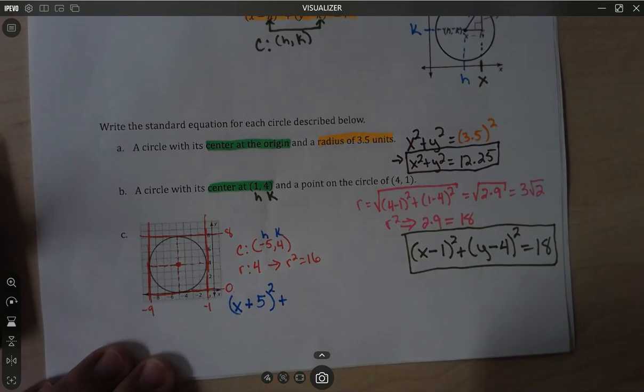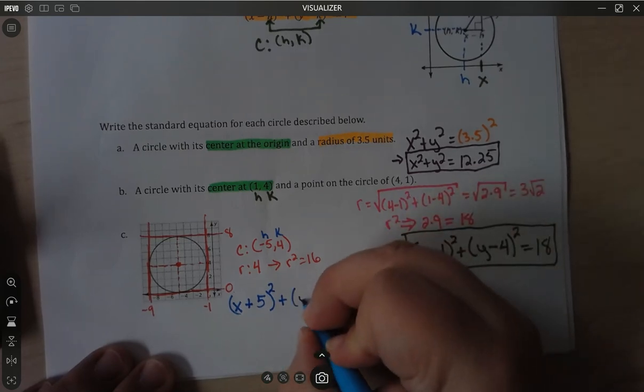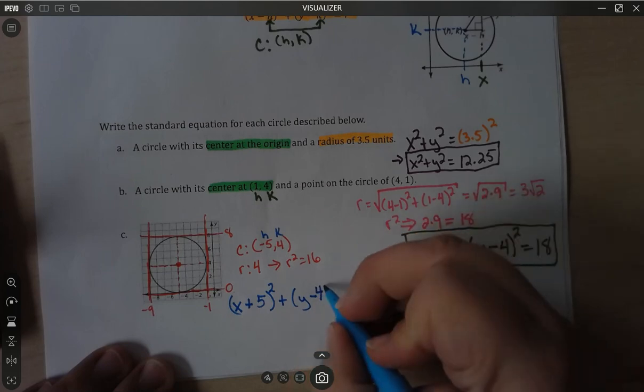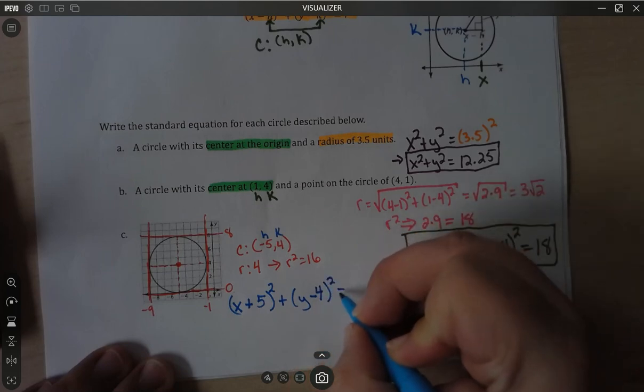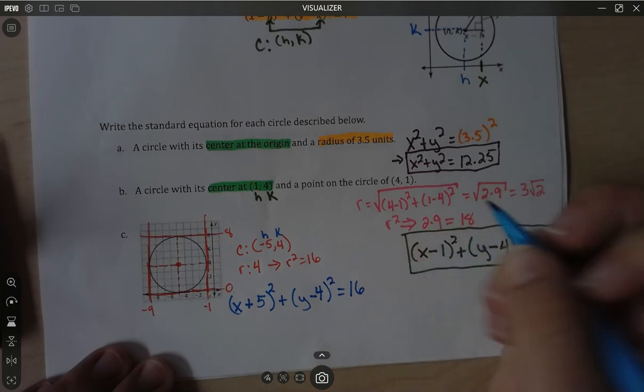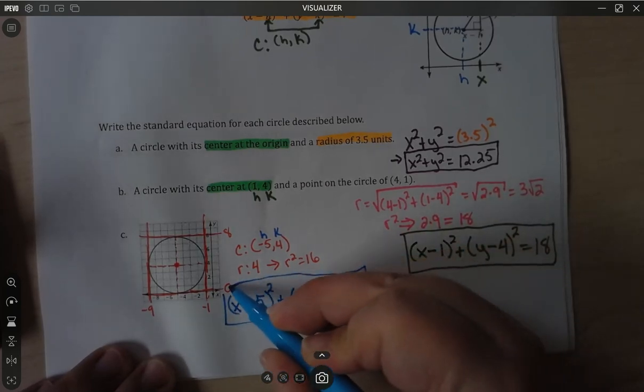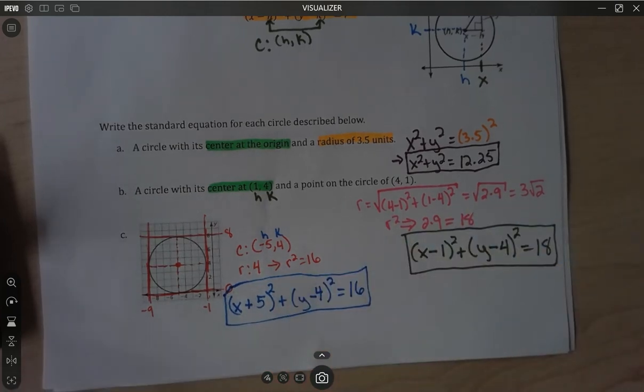Forgot that that's quantity squared. And y minus my positive K, squared equals my r squared. So that is the equation of this circle pictured.